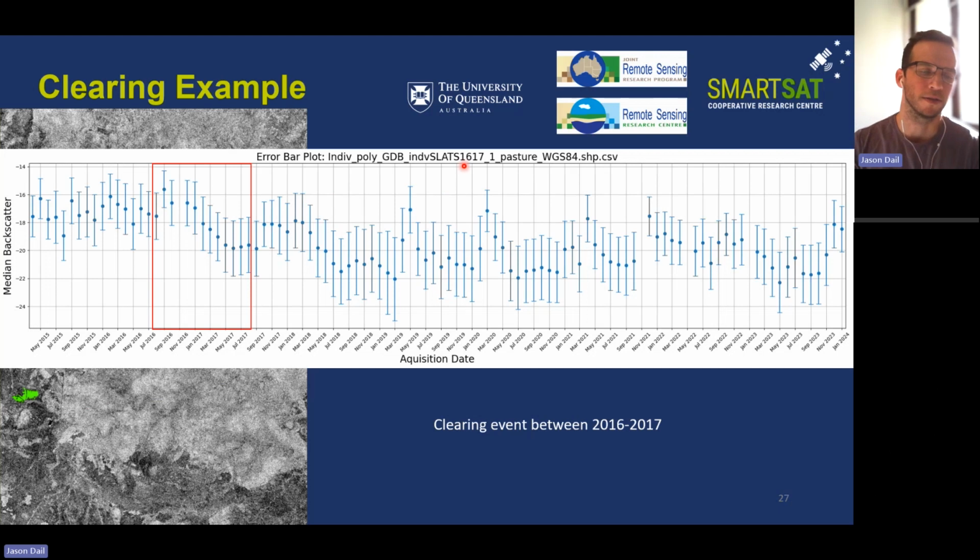The SLATS reporting period is from August to August. So from August 2016 to August 2017, we can see a bit of a decrease in backscatter, especially when you think about the error plots that we just saw. So this is a good example of how the backscatter can be used to distinguish clearing events.